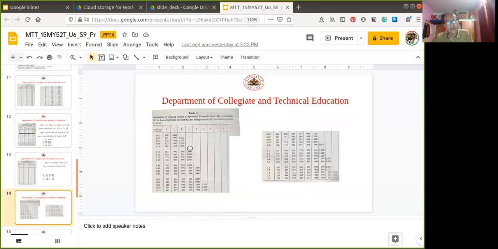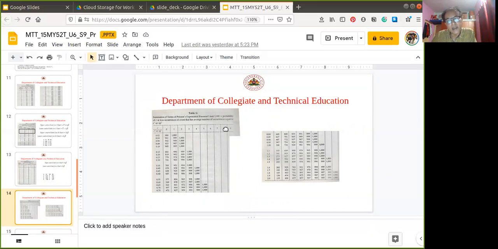Now you can see the G table. We use this G table for drawing the OC curves. The vertical line indicates the NP dash value, and the horizontal line is the acceptance number, which goes 0, 1, 2, 3, 4, 5, 7, 8, 9.